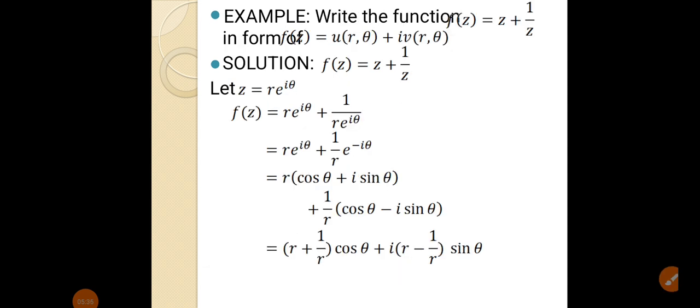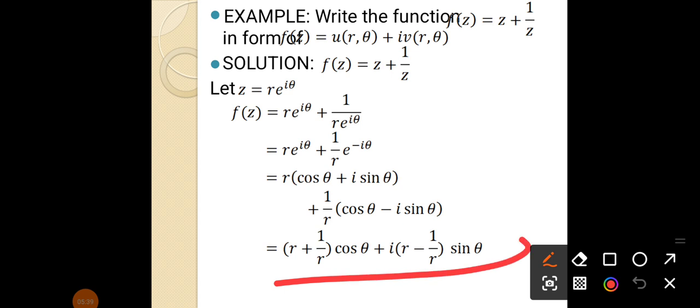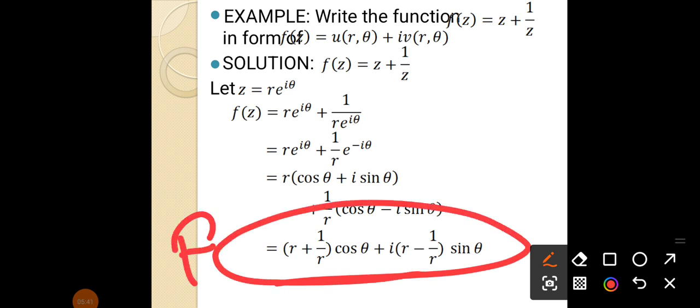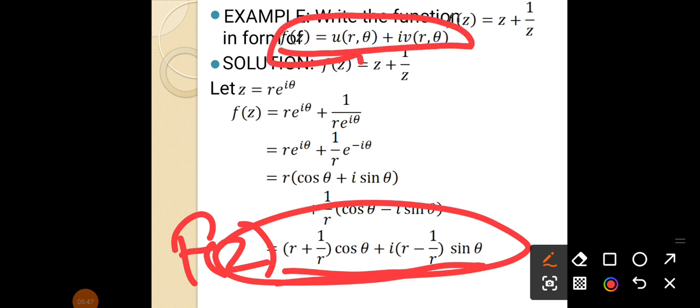This f of z is now in the form of r and theta, which is required in our equation.